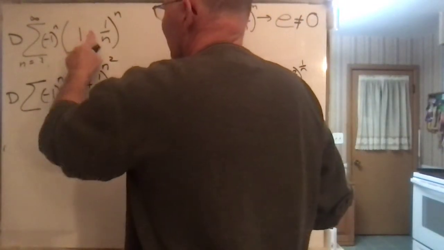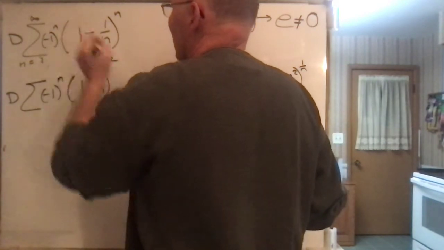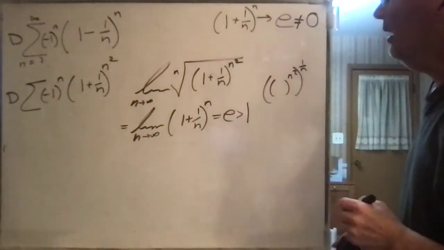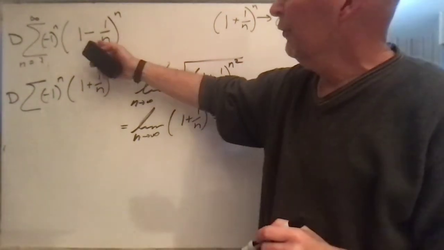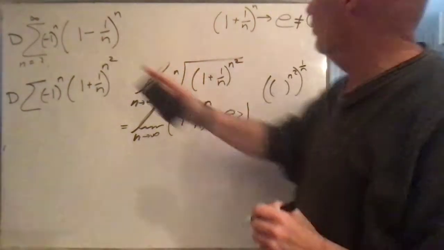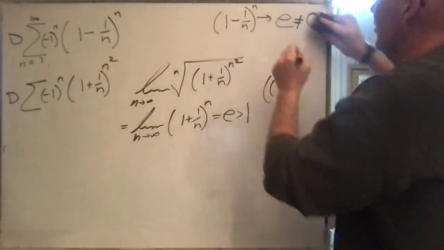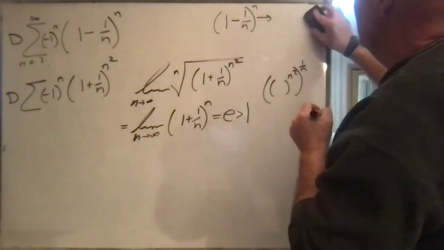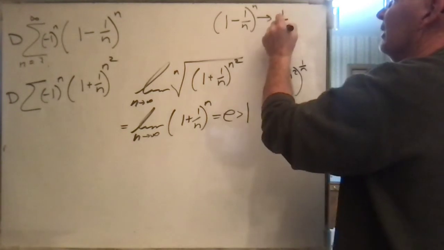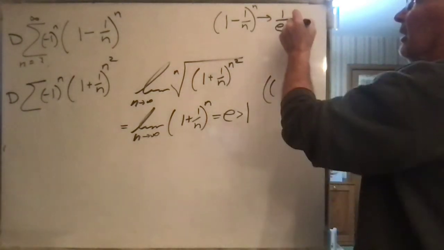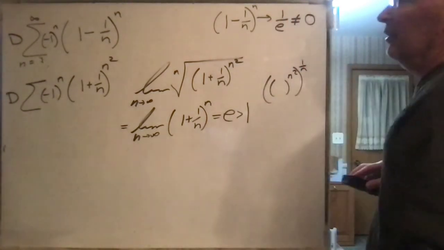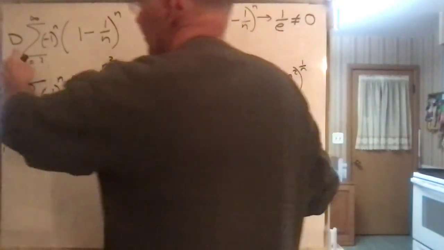What if we change this one to this? If you change it to that, I'll let you figure it out, but you can use L'Hopital's rule on that. And this thing right here is going to converge to 1 over e. It's e to the negative power, so it's going to be e to the negative 1. Okay? It's still not equal to 0, so this thing here would still diverge.